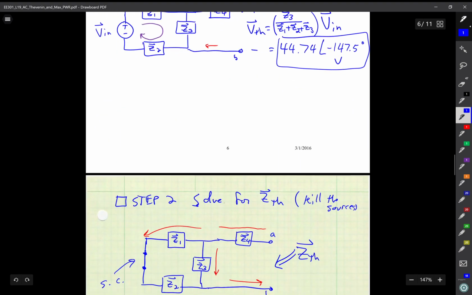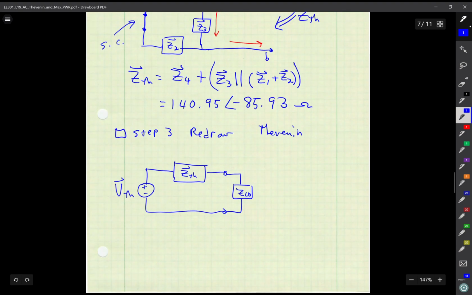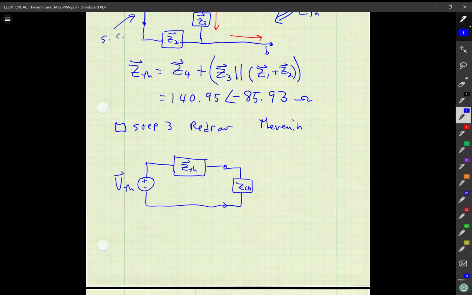Okay, so now I've plugged it back in. And I want to know what max power is delivered to that load. Well, Z load would then equal Z Thevenin complex conjugate.